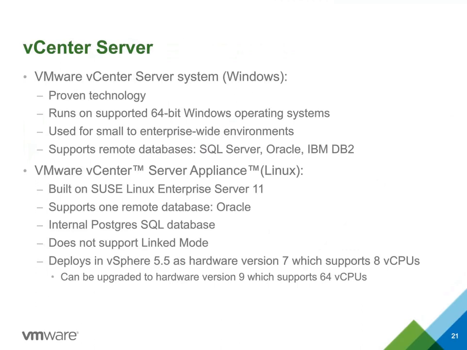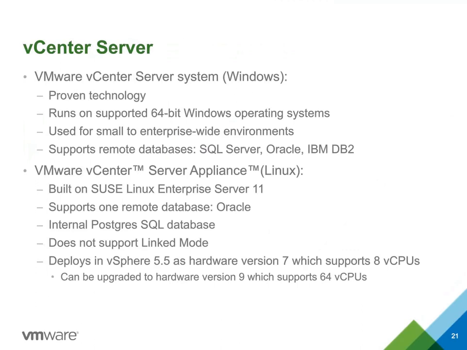You can power on a virtual machine regardless of which of those 10 vCenter servers it's on. That type of functionality exists in the Windows version of vCenter, and if the customer needs that functionality specifically, then that is something the architect is on the lookout for, and if he identifies linked mode as a need of the customer, that's going to steer the architect specifically towards the Windows version of vCenter. So there are a few things about the vCenter Server virtual appliance that it doesn't do that the Windows version does.